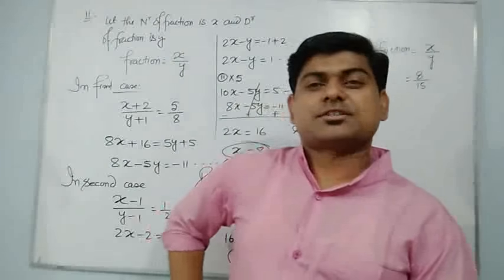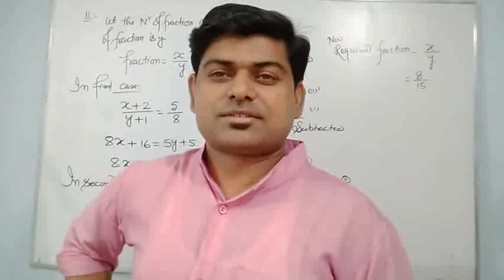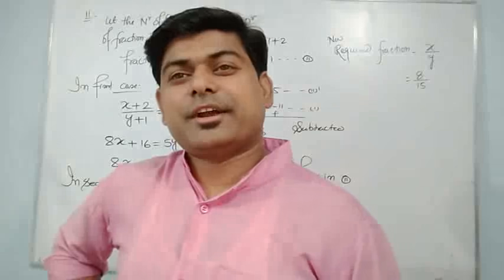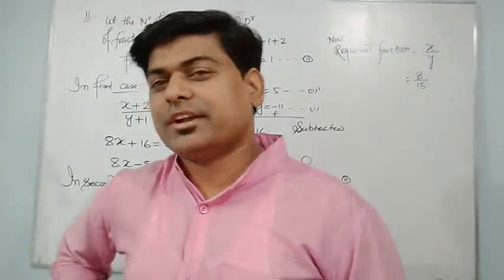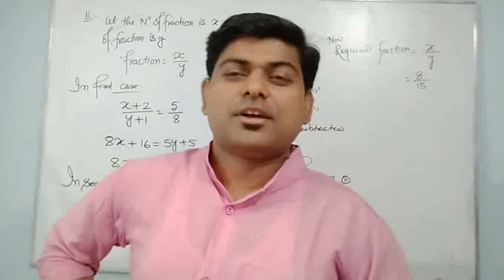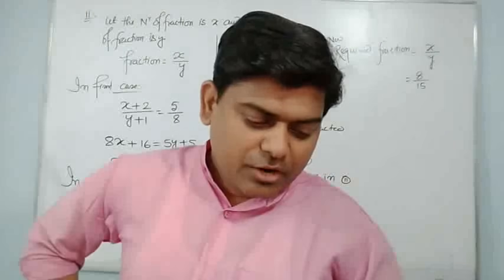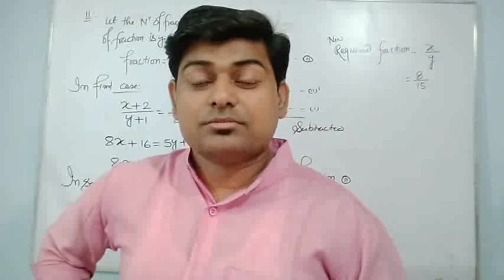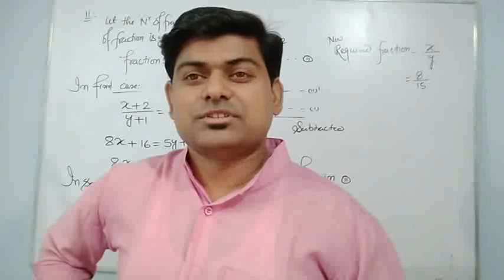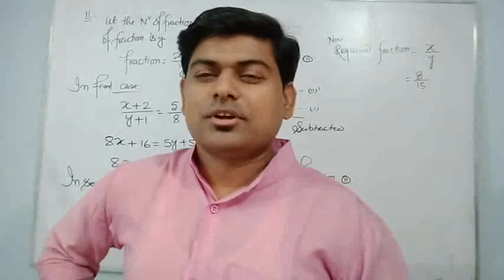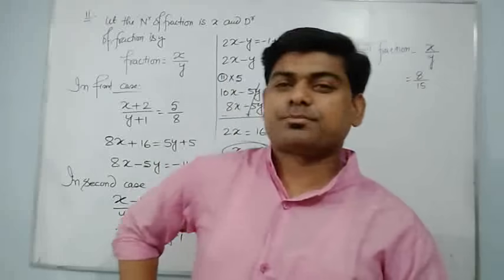Then we will get some questions related to age: the son's age is that much, that times of the father's age, and 4 years ago it was that much, 5 years hence, such types of questions. Then we will have questions related to time, speed and distance, where we will use speed is equal to distance upon time.